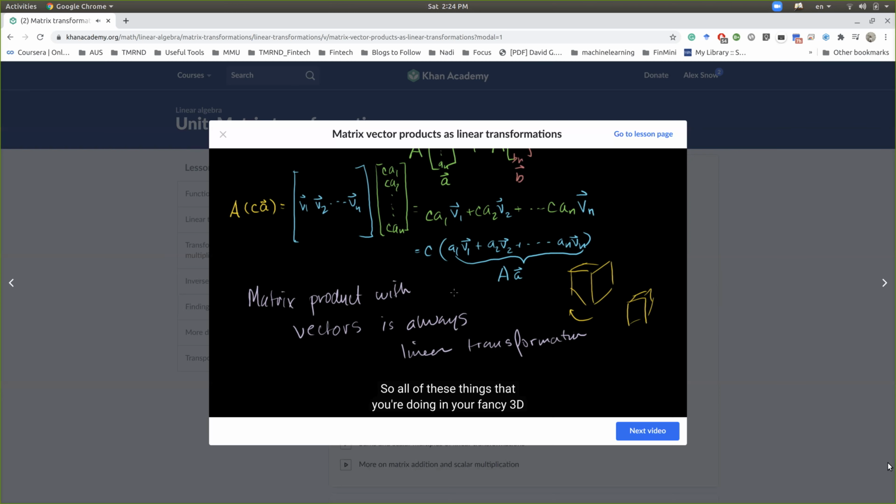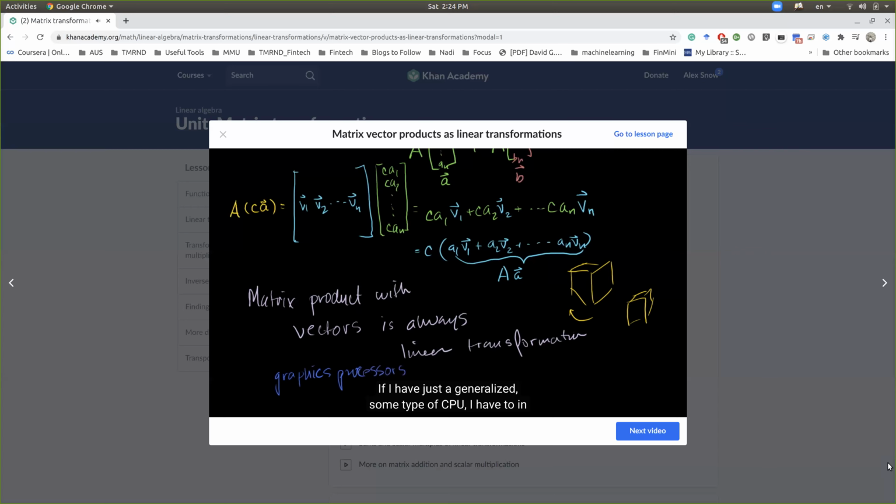So all of these things that you're doing in your fancy 3D games on your Xbox or your PlayStation are all just matrix multiplications. I'm going to prove that to you in the next video. And when you have these graphics cards or graphics engines, and we're jumping away from the theoretical, all these graphics processors are hardwired matrix multipliers.